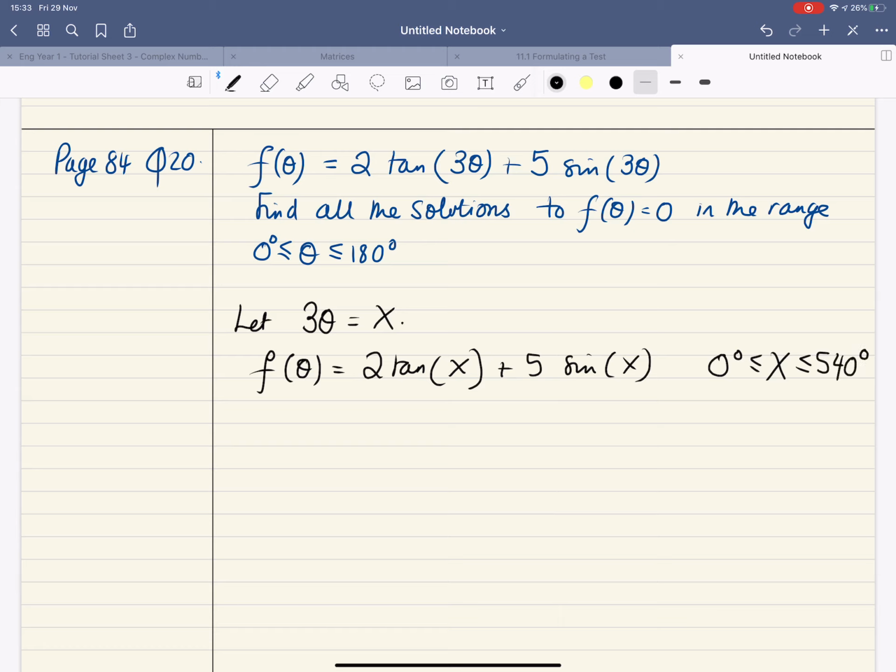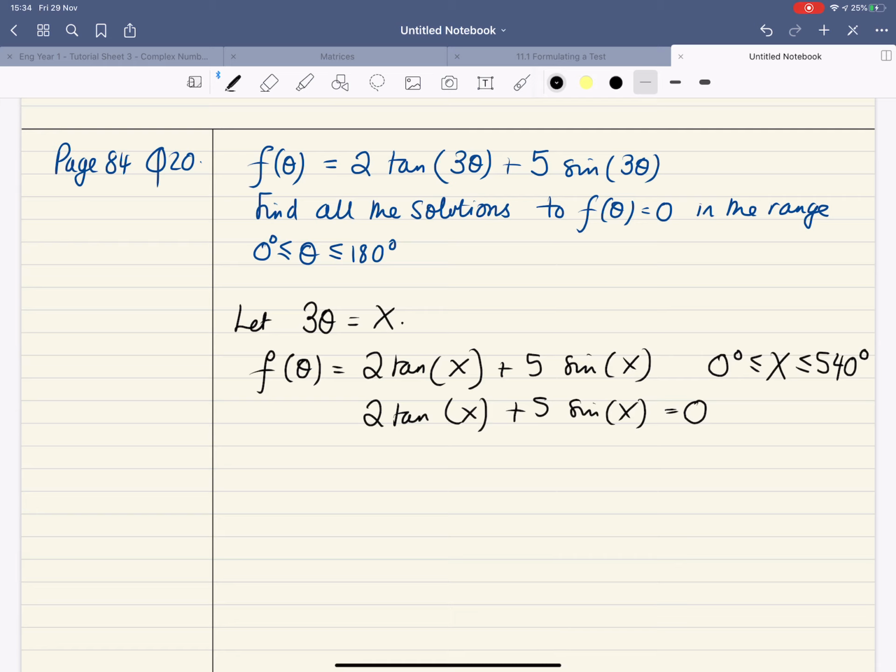Okay? And we want to solve it for f of theta equals 0, but I've turned it to x's now, so it's going to be f equals 0. Okay, so we can say 2 tan x plus 5 sine x equals 0. And then we'll go back and change it into thetas at the end.